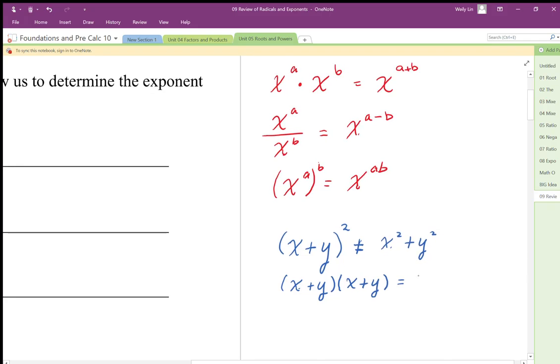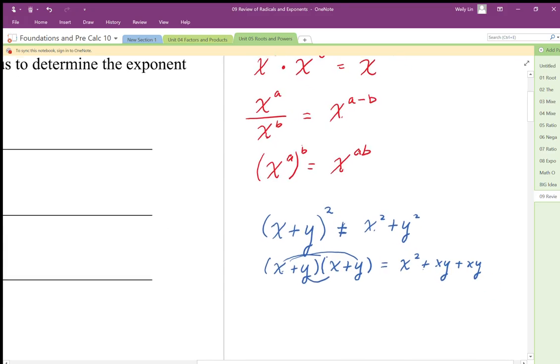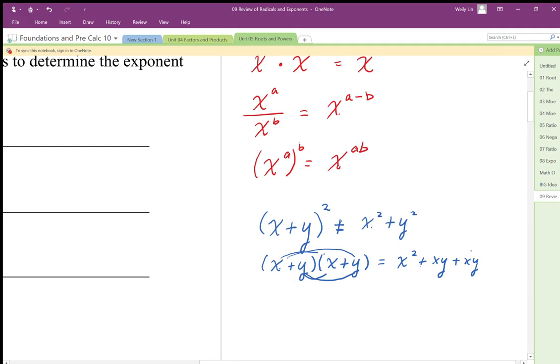Okay, and we end up distributing it out. We end up with x squared. We have to distribute x times x, x times y, y times x. But this is really just multiplication and addition, which involves distribution.